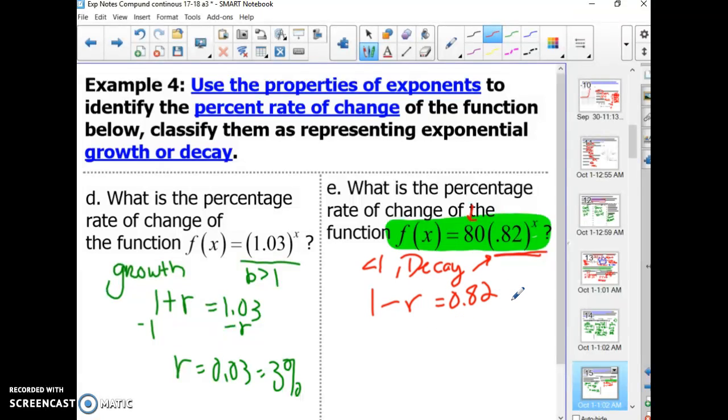To get my rate, 1 minus 0.82 should equal my rate, with solving with algebra. 1 minus 0.82 is equal to 0.18, and as a percent, that is 18%, and then I would say decrease or decay.